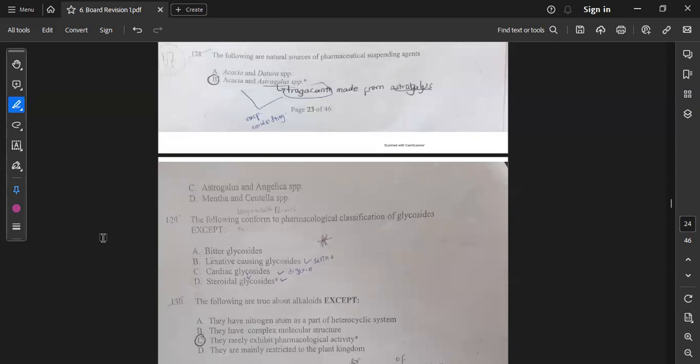D? Why D? Rawlings, D. Why D? Even I am surprised. Because pharmacologically, I don't know, beta glycosides, I don't think it's a thing.